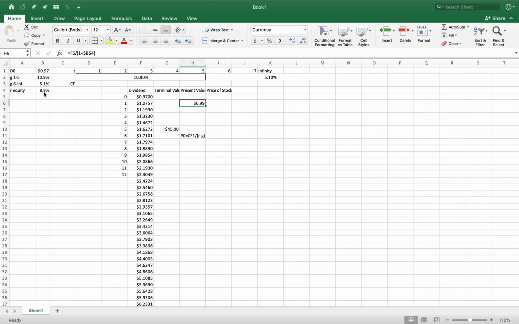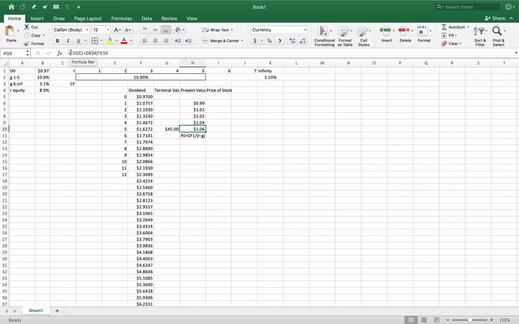Notice that since I locked my required return on equity, and let me also raise it to the power of 1, I can just drag my formula down. Let's see, is this correct? So this is going to be 1.19 divided by 1 plus required return on equity raised to the power of 2.